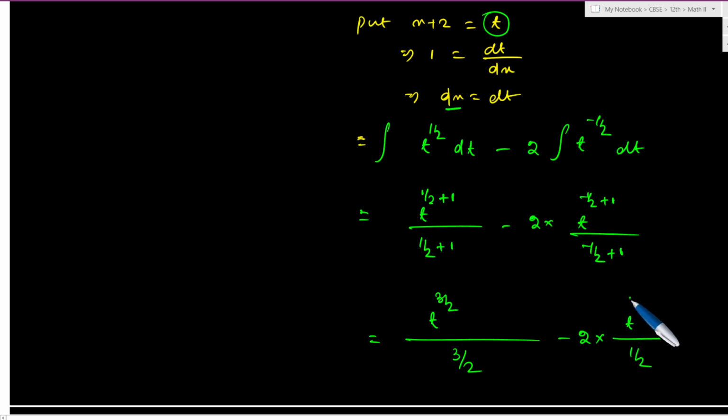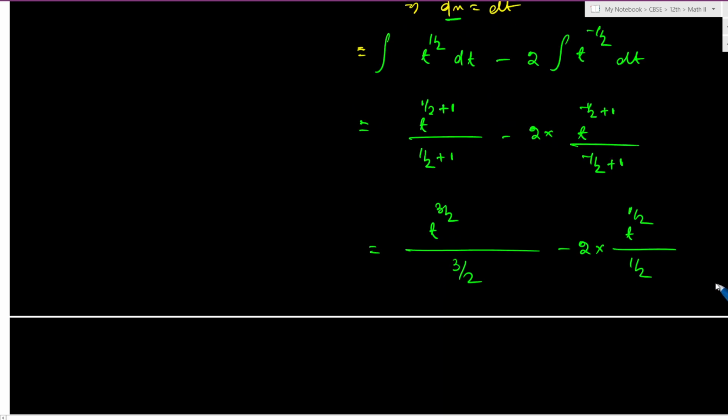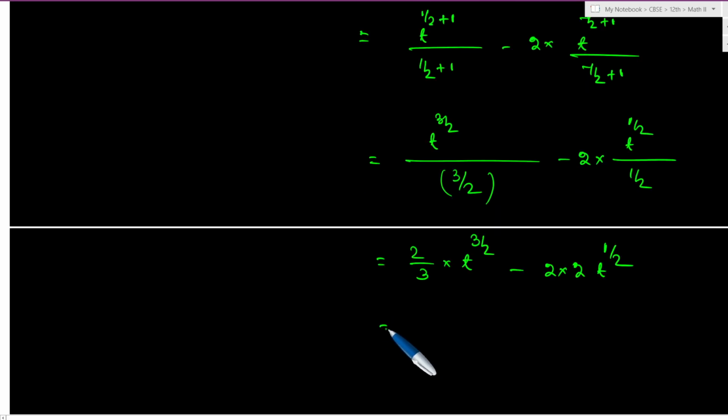So this becomes 2 by 3 into t to the power 3 by 2, minus 2 into 2, that is 4, t to the power 1 by 2. Now replace the value of t. t was initially x plus 2.